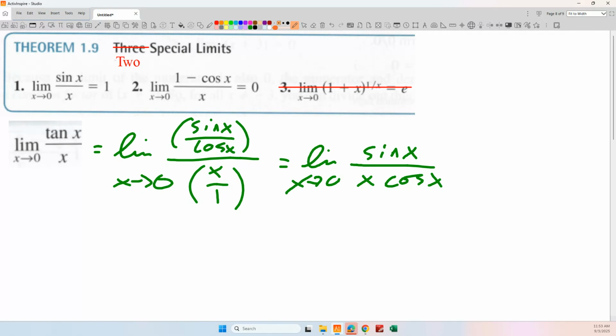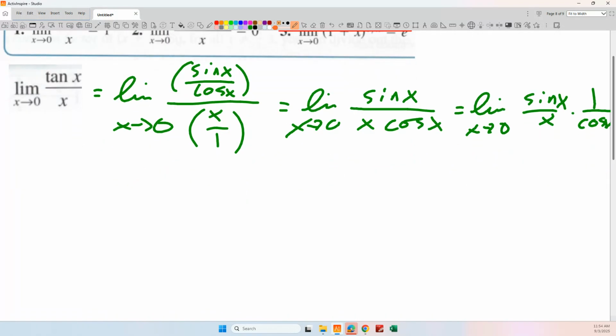Now what? How are we going to resolve the indeterminacy here? Is there a way I can group this that's convenient? How about this? That looks familiar, right? And so technically, remember my properties of limits.